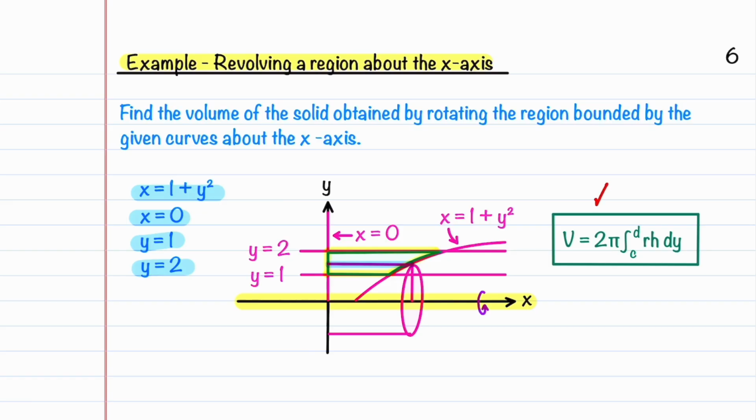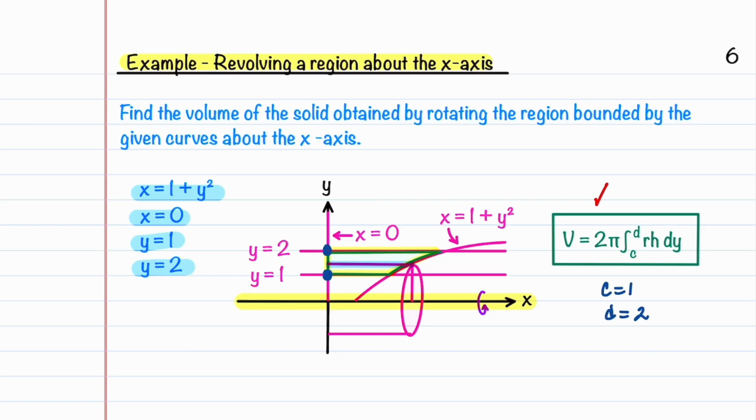And because we're integrating with respect to y, we need to find the y value. Because two of our curves are lines, we actually don't have to do anything. And we can see that we're going to integrate from y equals 1 to y equals 2. So let's just mark over here, c equals 1 and d equals 2.